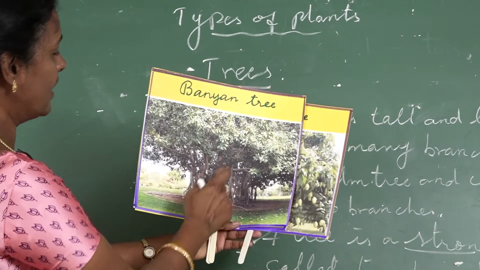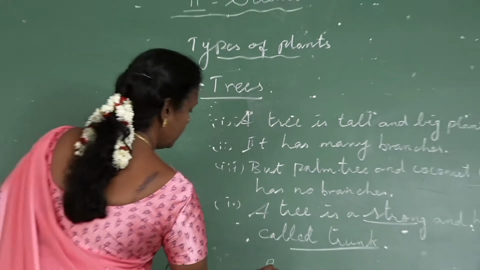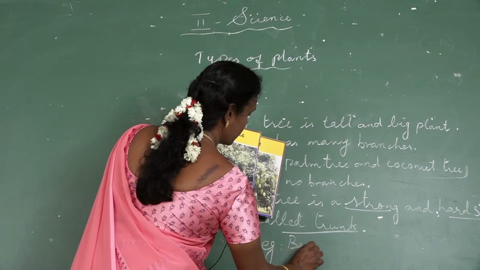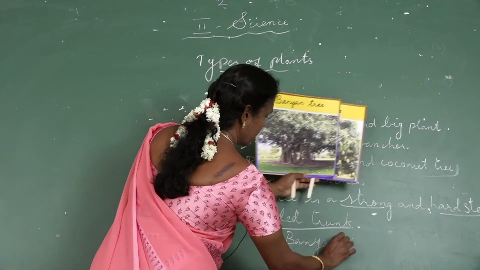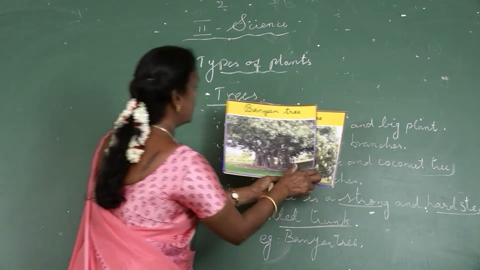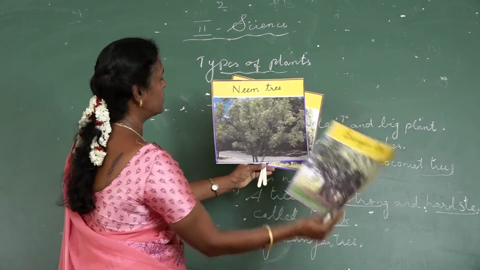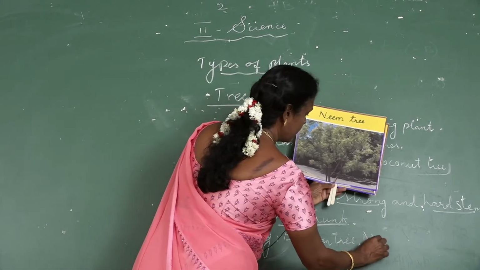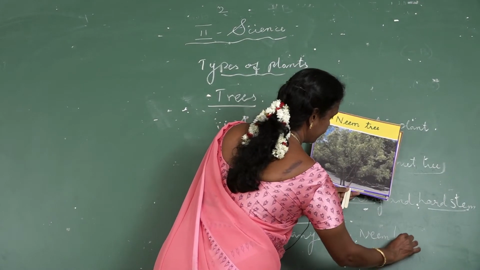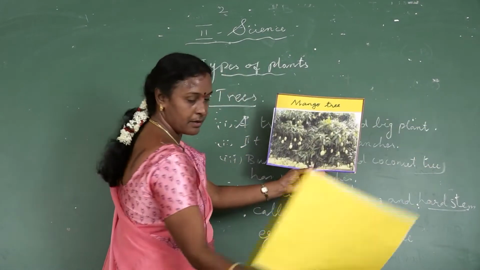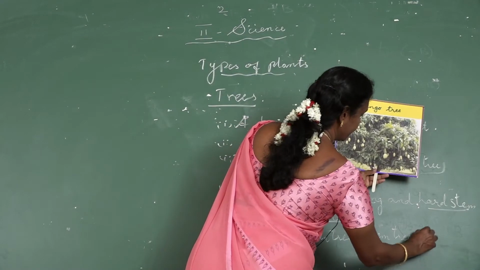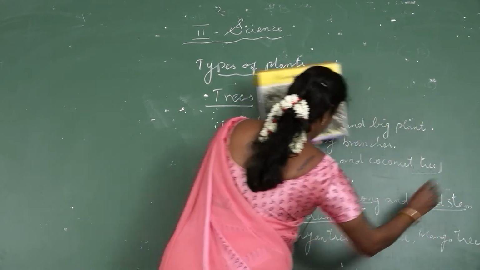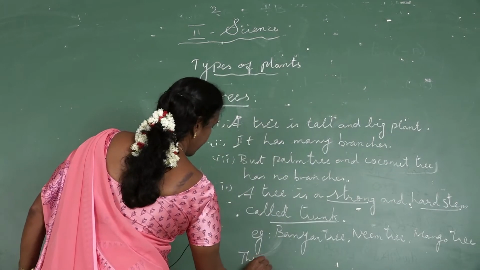This is called the trunk. Examples: banyan tree, neem tree and mango tree. They live many years.